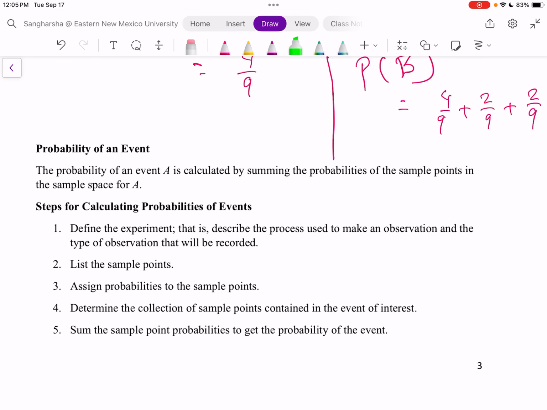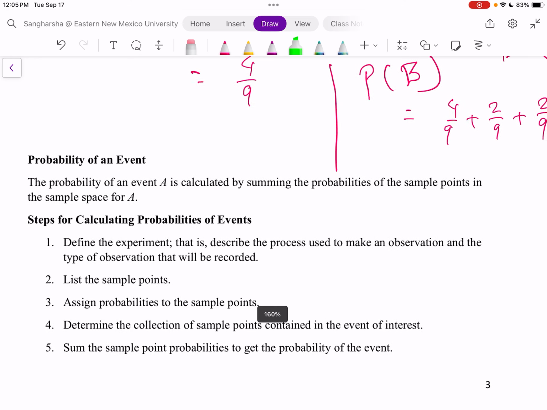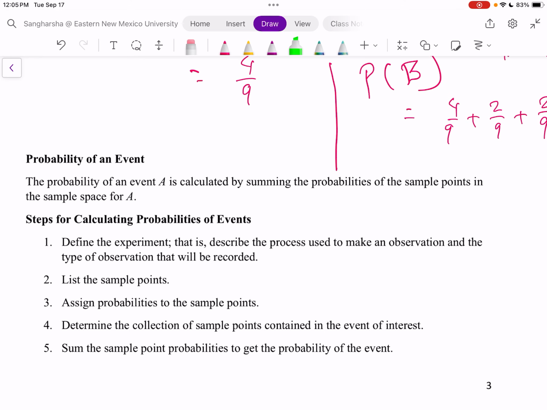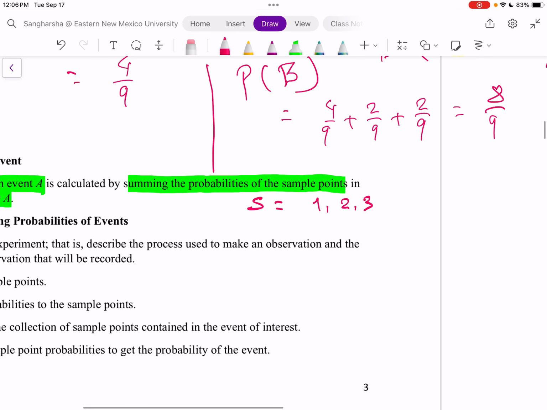Now, once we have the event, how do we find the probability of the event? The probability of event A is calculated by summing the probabilities of the sample points in the sample space for A. Let me take a sample space. For example, our sample space S is 1, 2, 3, 4, 5, 6.